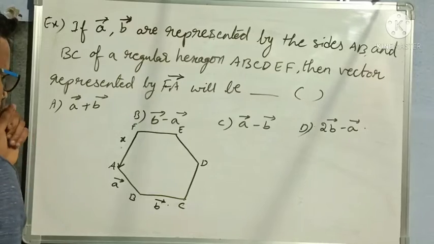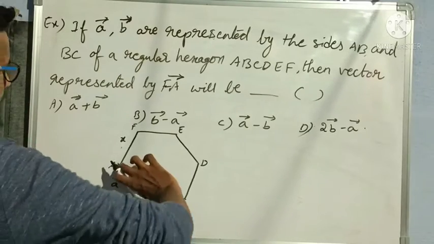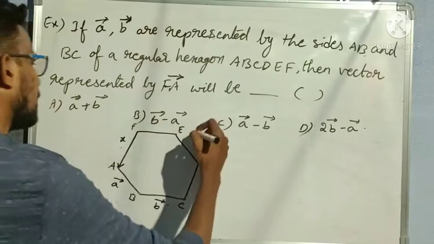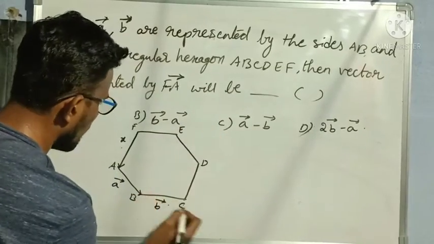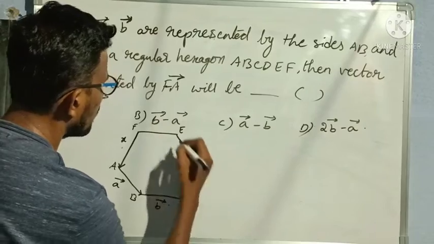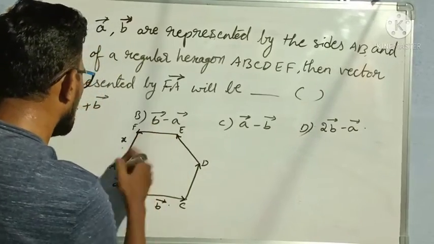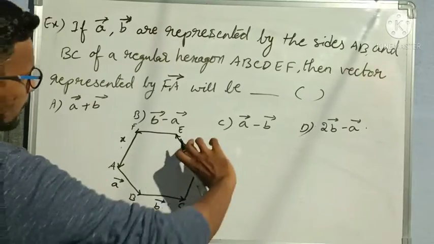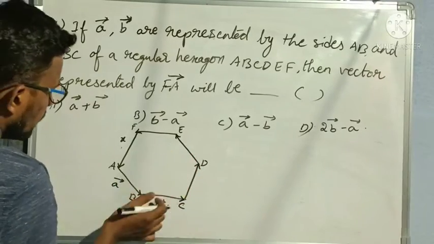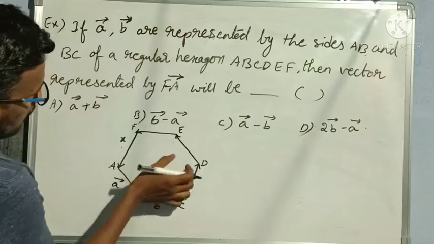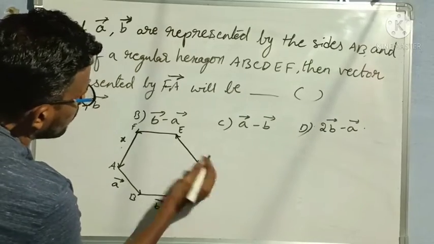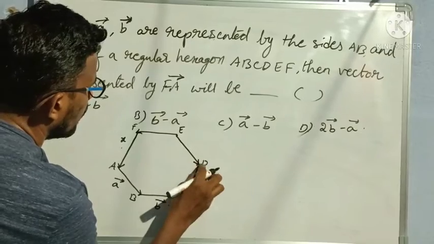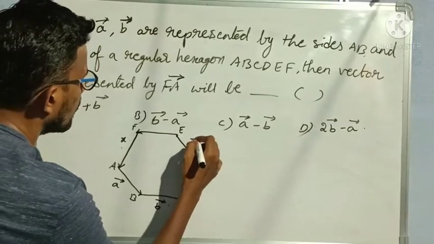Okay. So now I can shift these parallel vectors here, right? So if AB bar is A bar, then my ED bar is also A bar, right?